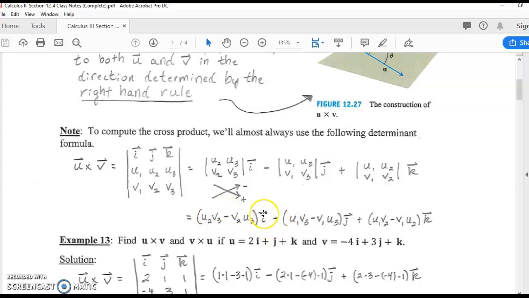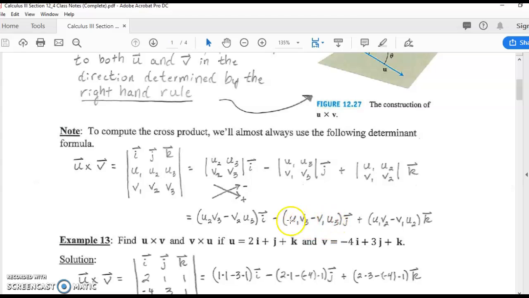Then we have to remember to put a minus sign in front of the scalar component for j. So when you put a minus sign, you just have to remember that there's a minus sign there. So how do I determine the 2 by 2 determinant here? The column under j is gone and the row of j is gone. So it's u1, u3, v1, v3. And then you compute the 2 by 2 the same way. u1 v3 minus v1 u3.